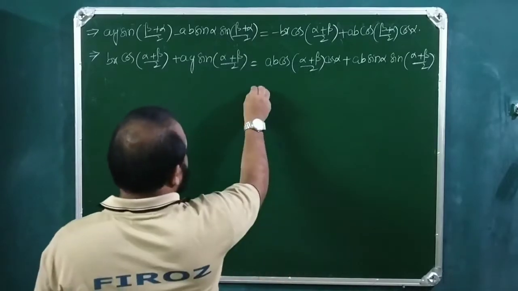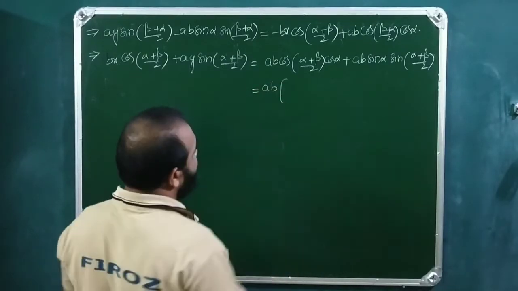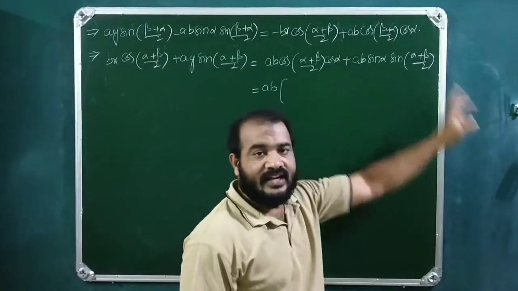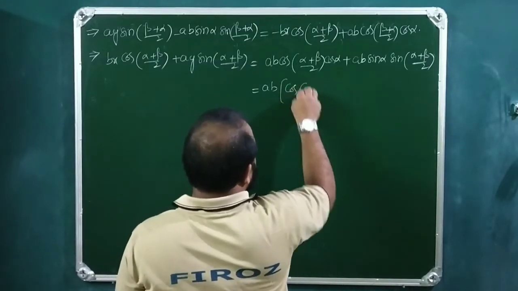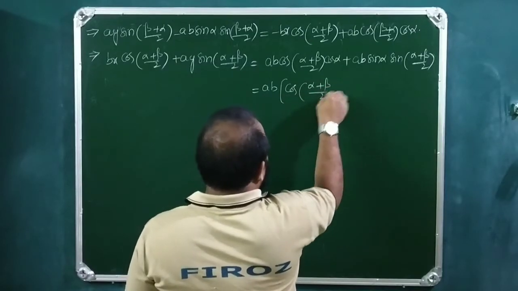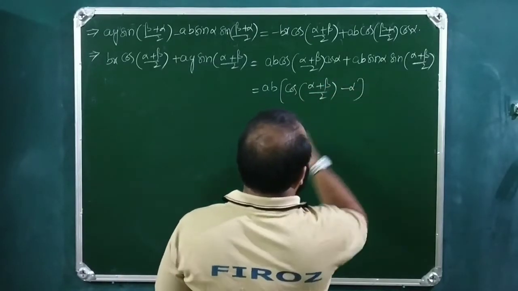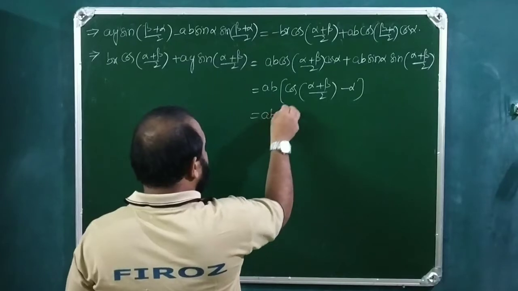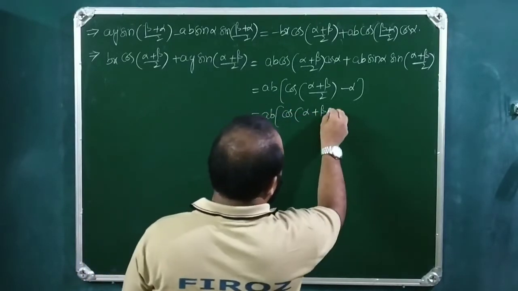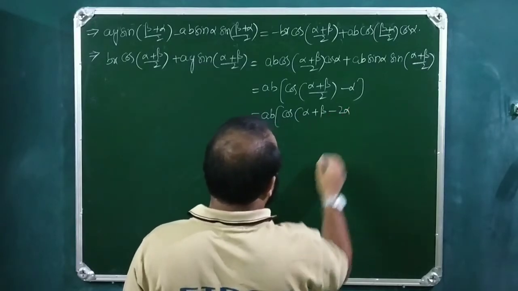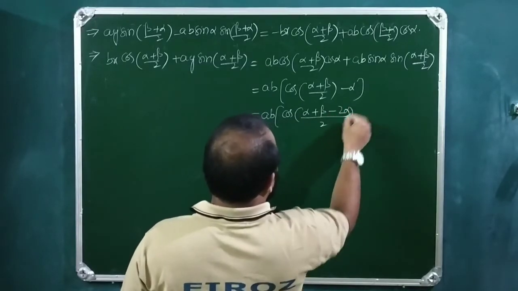This is equal to ab, this is cos A cos B plus sin A sin B, which is cos (A minus B), so cos ((alpha plus beta) by 2 minus alpha). This is equal to ab cos ((alpha plus beta minus 2 alpha) by 2).